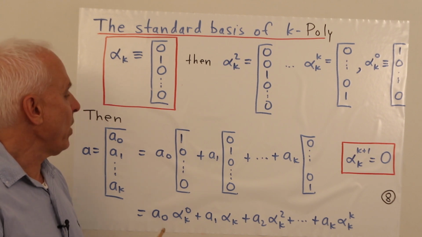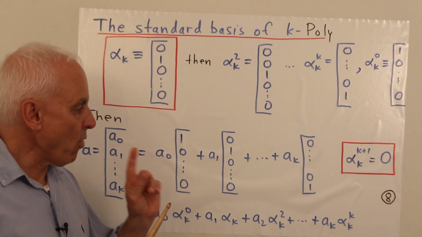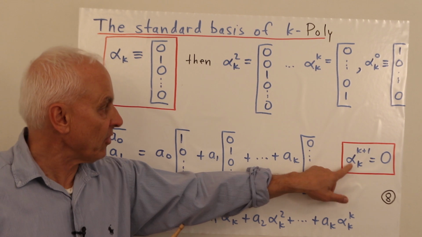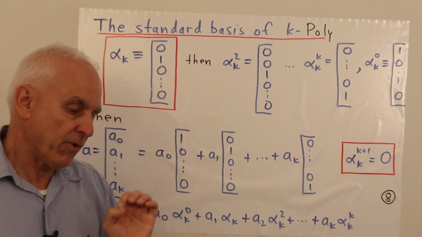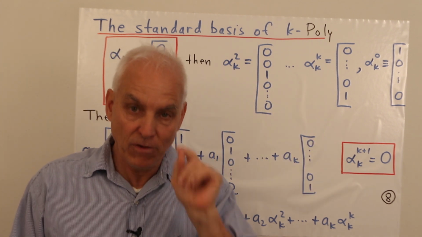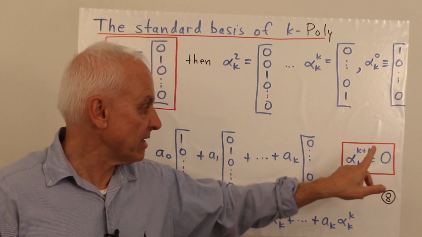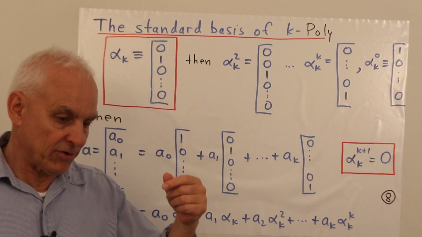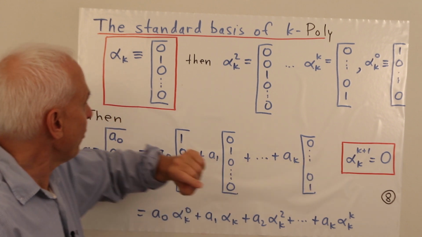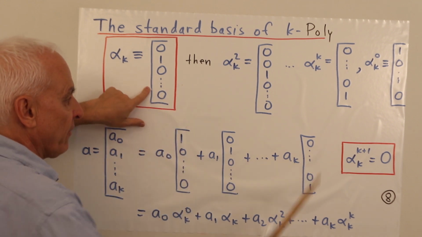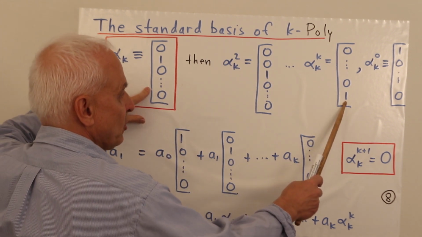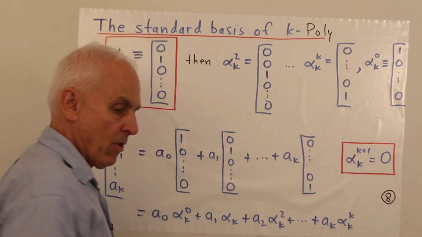Now, we are going to have to observe one more thing about this alpha sub k, this element here, that if we raise it to the k plus first power, then we get 0. Okay, this is the 0 vector. So why is that? So here's alpha k, and here's alpha k to the k. What happens if we multiply those?